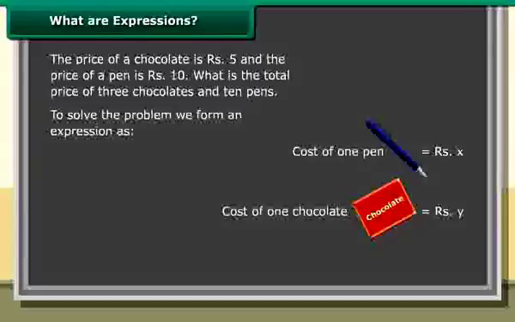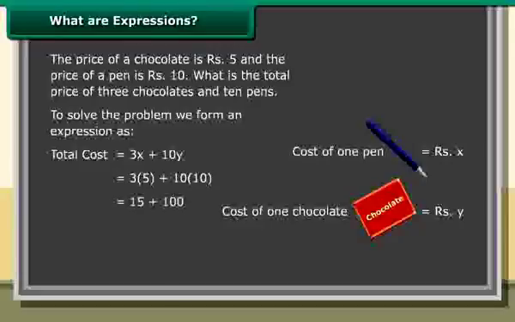Cost of 3 chocolates is equal to ₹3Y. Cost of 10 pens is equal to ₹10X. Total cost is equal to 3X plus 10Y, which is equal to 3 into 5 plus 10 into 10, which is equal to 15 plus 100, which equals 115.